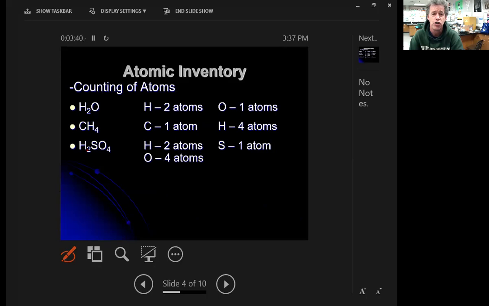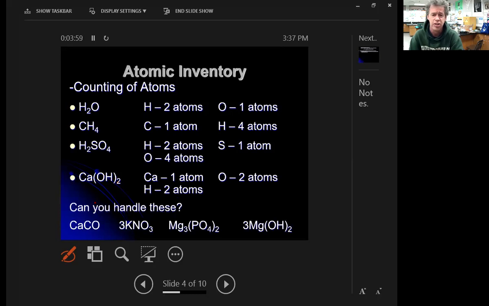If you had H2SO4, 2 hydrogens, 1 sulfur, 4 oxygens. How about Ca(OH)2? That was the one we just showed. There was a single calcium, 2 oxygens, and 2 hydrogens. And so you could do some other ones, and if you want to practice on those, you could practice on those as well.